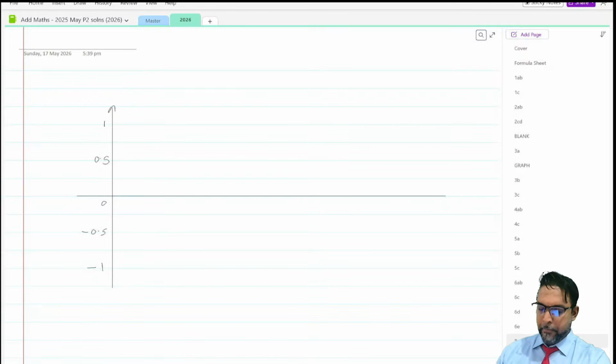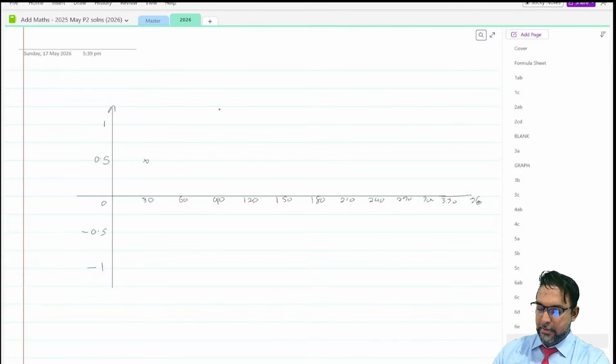So 0, 30, 45, somewhere there, 60, and then 90, 120, 150, 180. It's not going to fit, but that's okay. 210, 240, 270, 300, 330, and then 360. Clearly I didn't do this graph to scale properly.